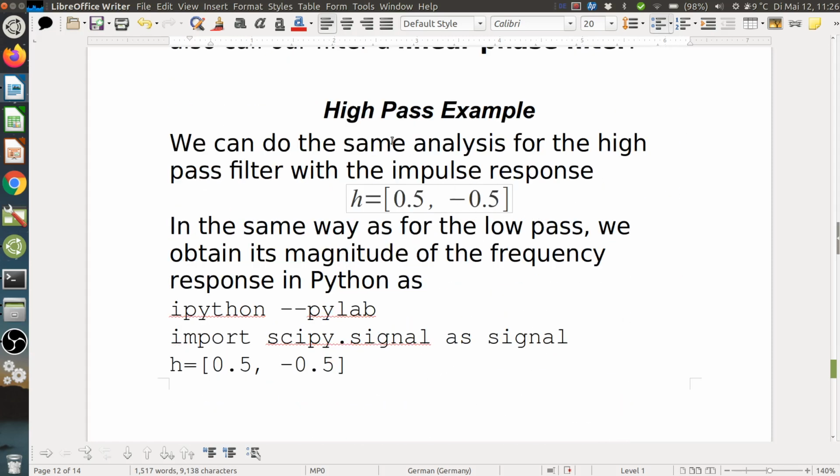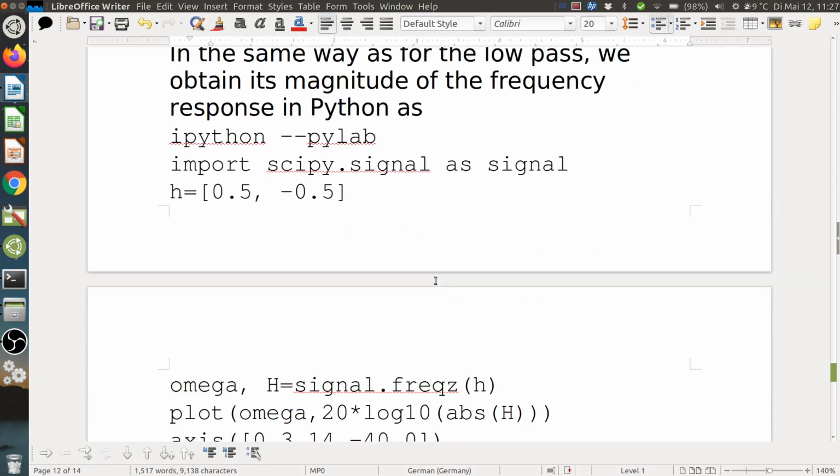So next is a high pass example. We can do the same analysis for the high pass filter with the impulse response 0.5 and now -0.5. So it's not the running average, but a running difference. So in the same way as for the low pass, we obtain its magnitude of the frequency response in Python as follows.